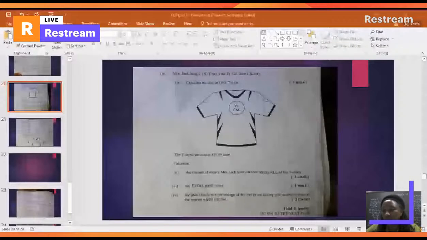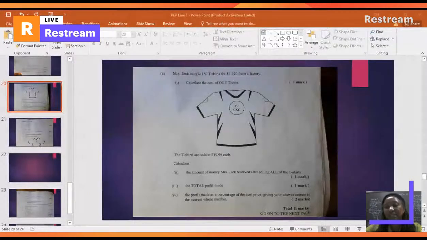And remember, it was 150 of them. So she's selling them for $2,998.50. And she bought them for $1,920. So $2,998.50 minus what she paid for them, the $1,920. She's making a profit, $1,078.50.